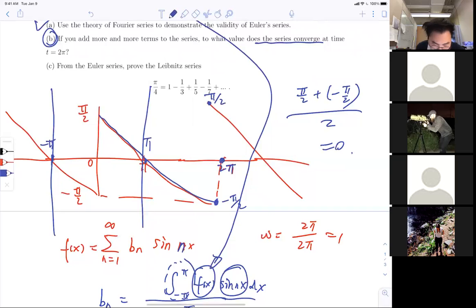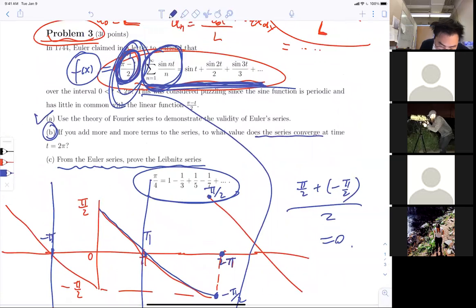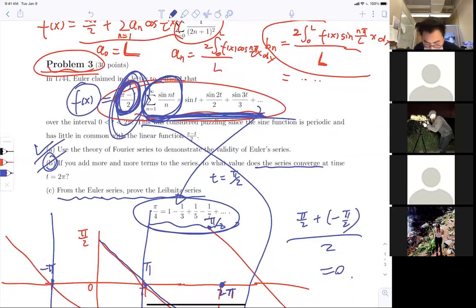And from this Fourier series, prove this equation. Actually, you can do this part C without part A and part B. You just need to set your t to be pi over 2, I think. Then immediately this Fourier series becomes the series you need to prove. Yeah, that's it.